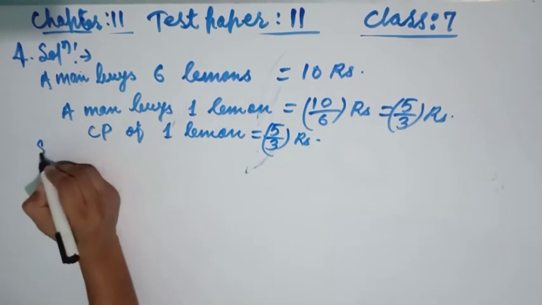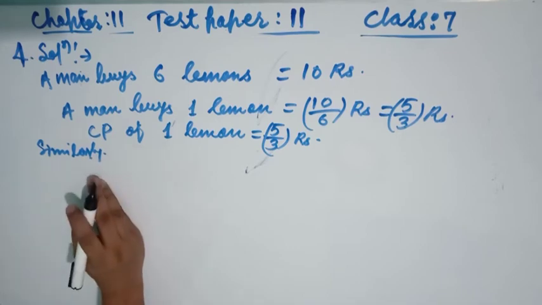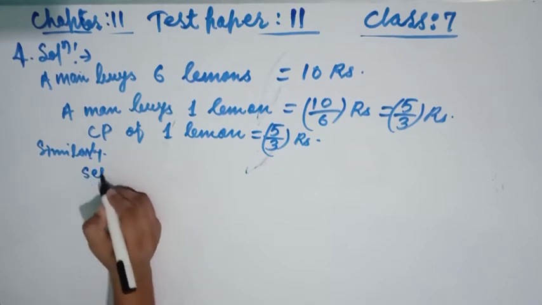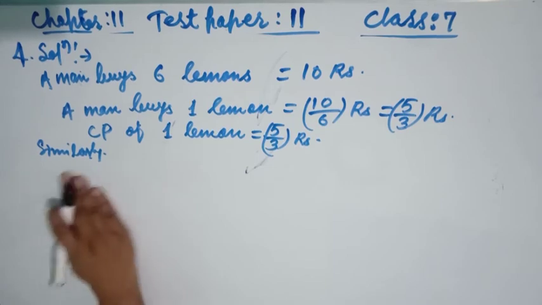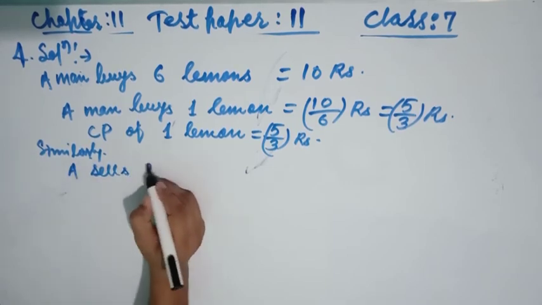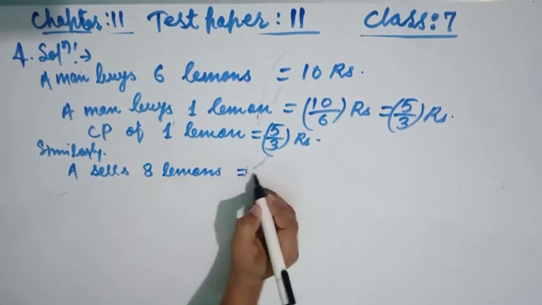Now similarly, the second case says he sells 8 lemons for 15 rupees. So a man sells 8 lemons for 15 rupees.